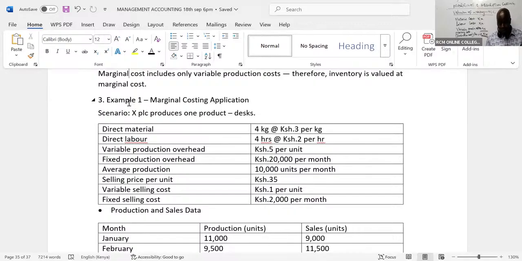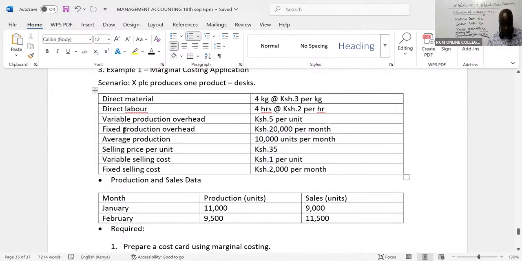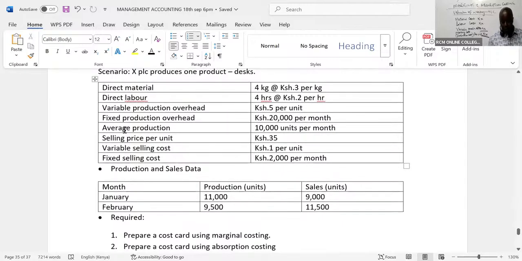Then we have variable production overhead, fixed production overhead, average production, selling price per unit, variable selling cost, and then fixed selling cost, 2,000. Then you can see the quantities. In the month of January, we produced how many units?